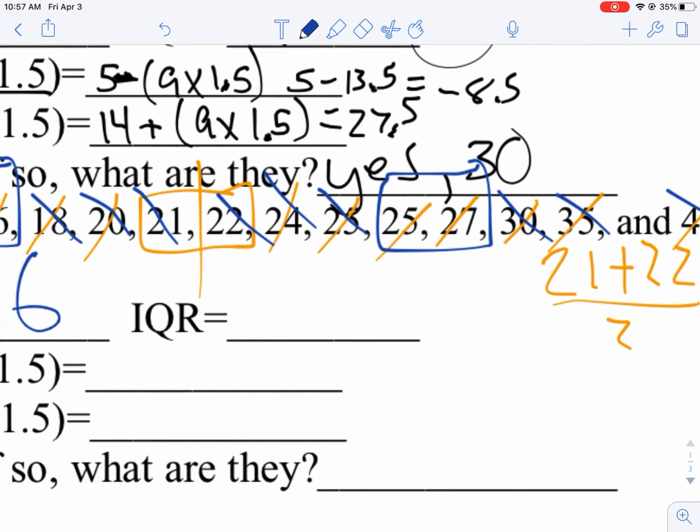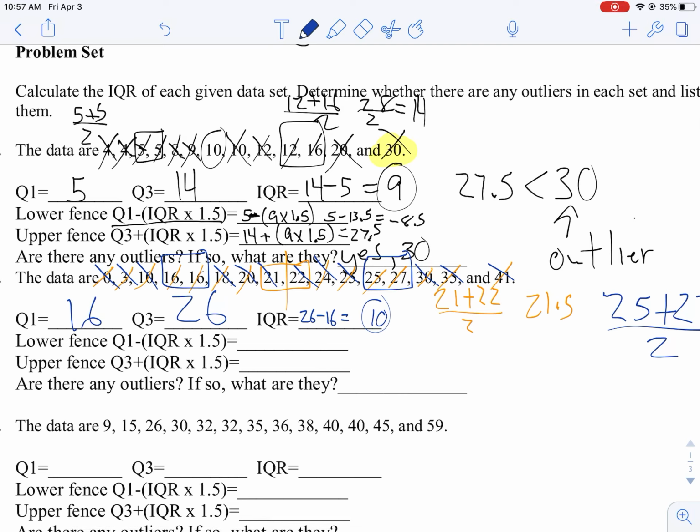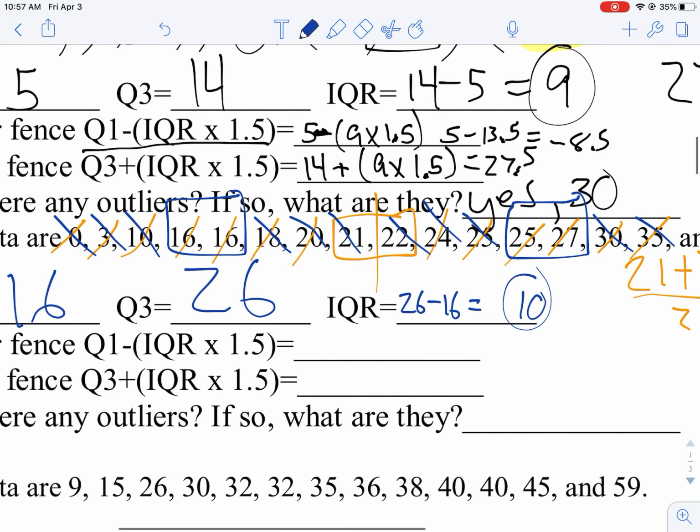My IQR, obviously 26 minus 16, that's going to equal 10. So my IQR is 10. My lower fence is going to be Q1, so it's going to be 16 minus the IQR, which is 10 times 1.5.